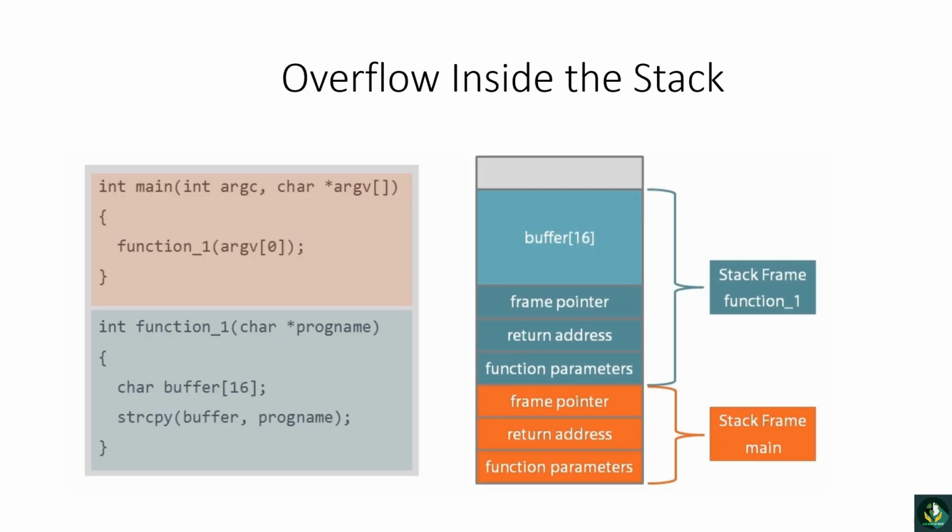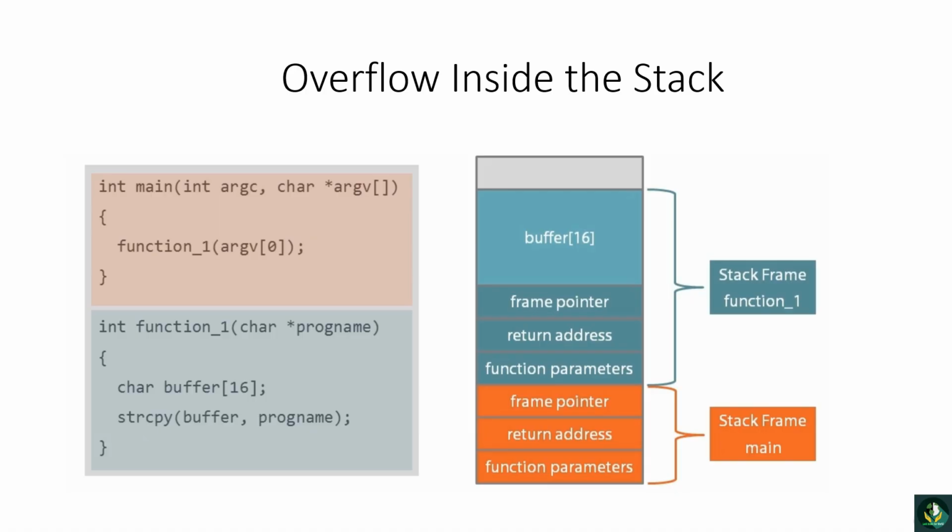What we see here is the main function calling function 1 and passing to it the name of the program, which is stored in argument vector 0, as the parameter of function 1. This value is given the function parameter name program. Then function 1 declares a character array of 16 characters, or bytes, in length.